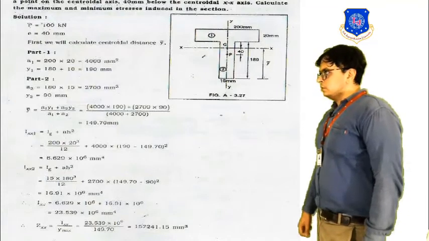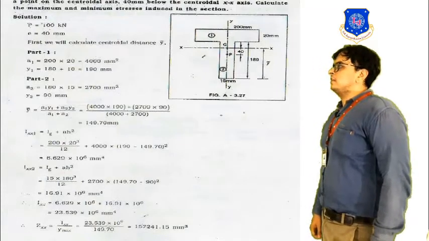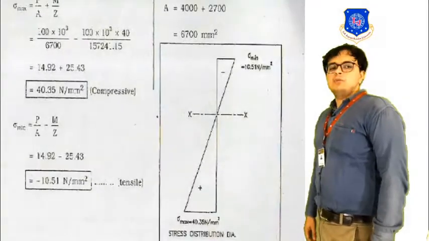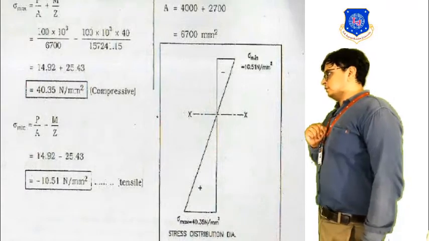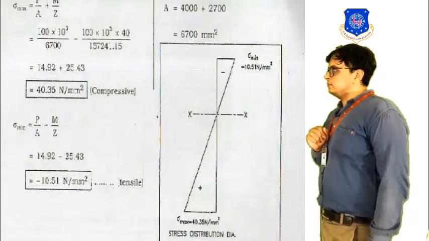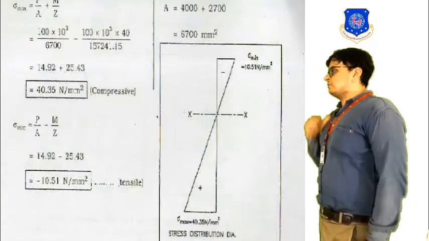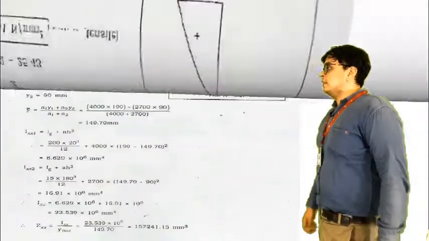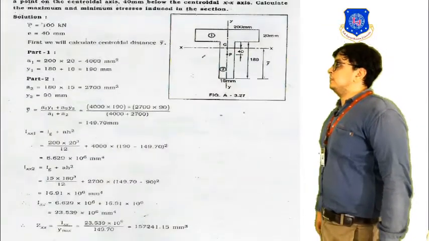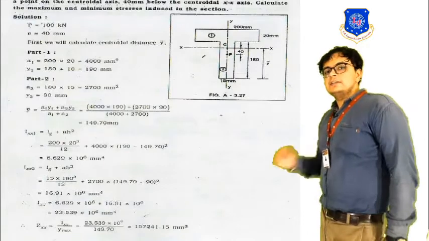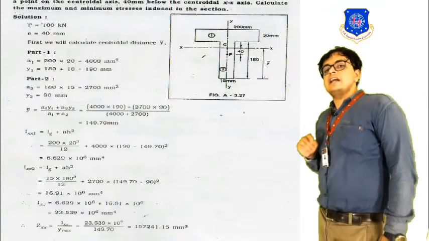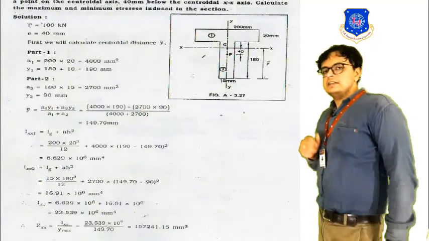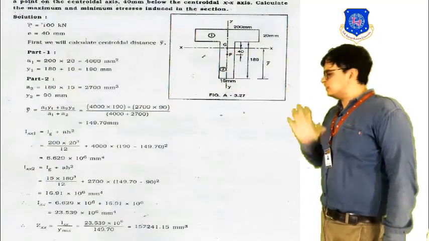So now it's time to find the further unknowns, and here the unknowns will be sigma max, that is the maximum stress, and sigma min, that is the minimum stress. Here our structure is one on which an eccentric load is acting. If only axial load were acting at the centroidal section, then we could find the stress by just the formula P by A, that is nothing but a compressive stress.